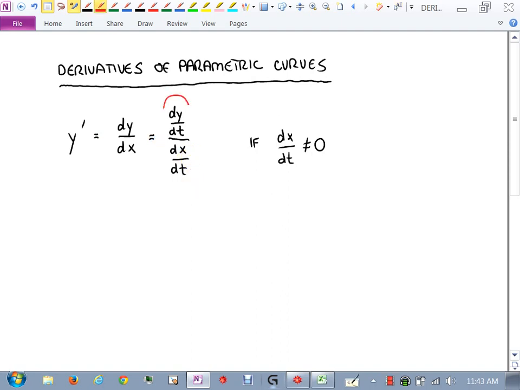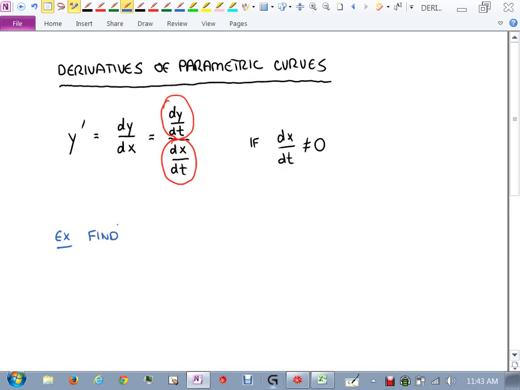So if I want to know the derivative of y with respect to x, the slope of that tangent line, I just need to take the derivative of each of the equations I have for x and y and create the ratio of those two. It's a very simple formula. There's nothing really to it. We just have to be careful that the derivative of x with respect to t is never 0. So let's do an example here.